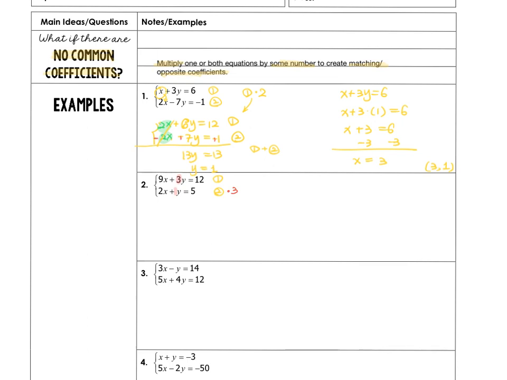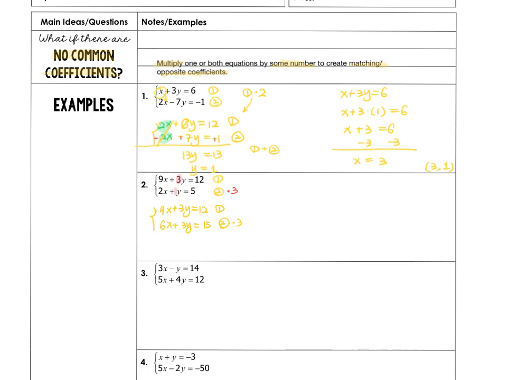And I'm going to keep the first equation here. That's the first equation. The second equation, if I multiply it by 3, I should have 6x, 1y times 3 becomes 3y, 5 times 3 becomes 15. That's the second equation multiplied by 3.